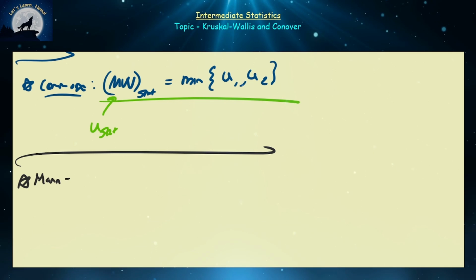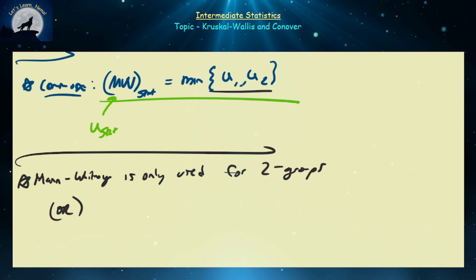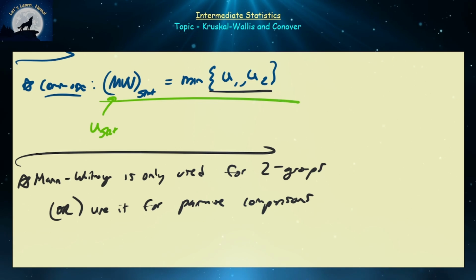So the Mann-Whitney, obviously since we're only looking at 2, is only used for 2 groups at a time, or you can use it for pairwise comparisons if you have multiple groups.